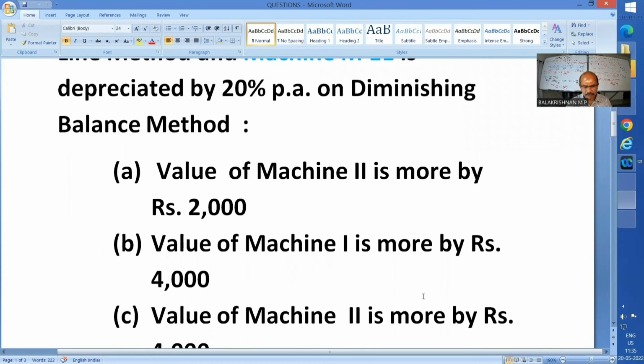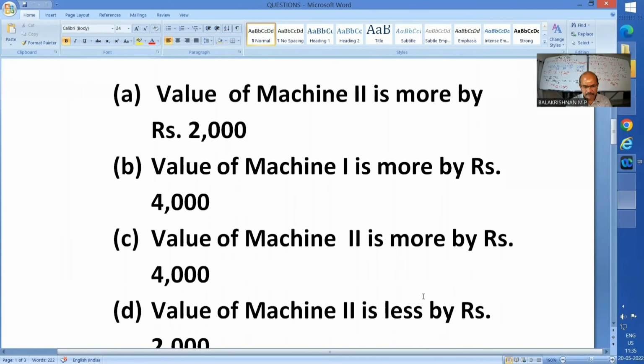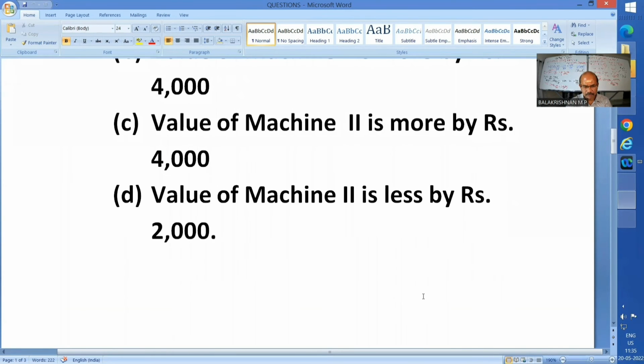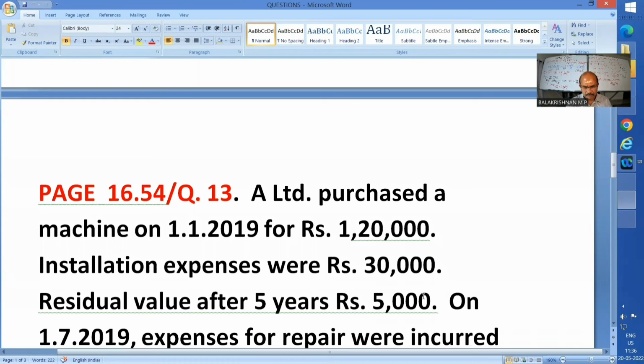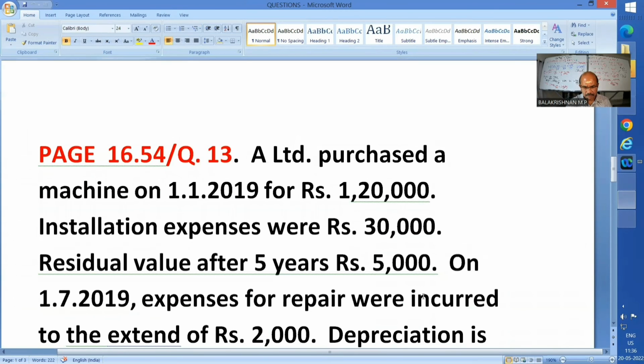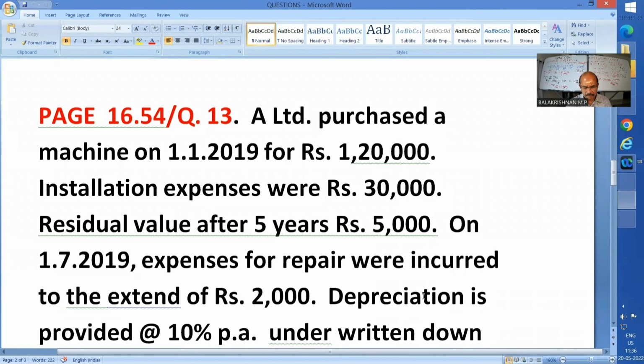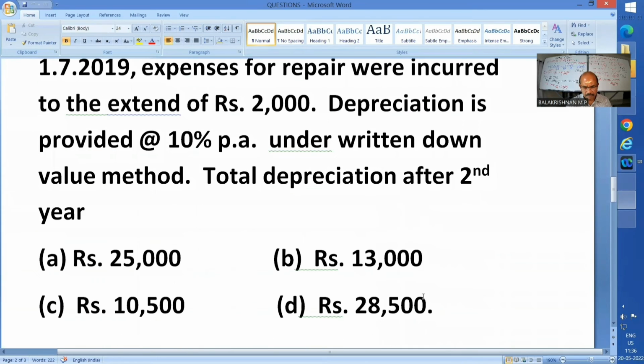These are the different answers they are given, and I have convinced you of the correct answer. Next question. Different answers.